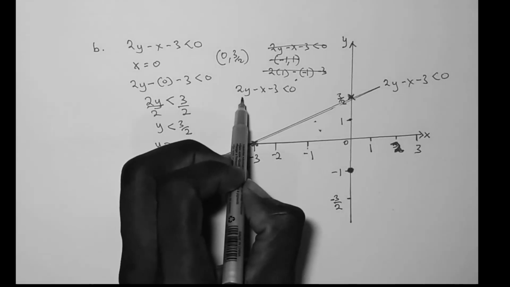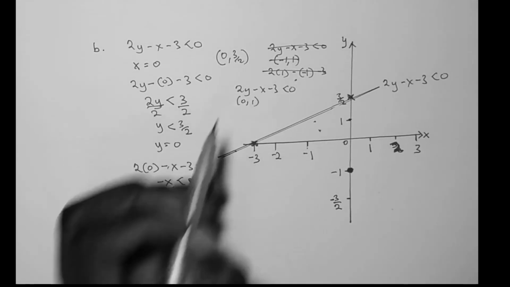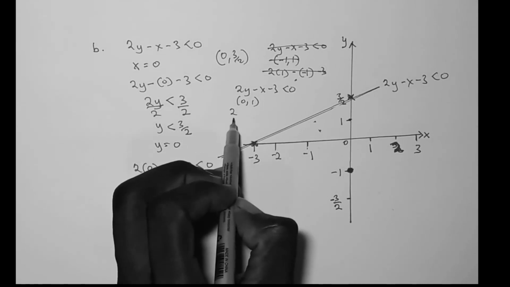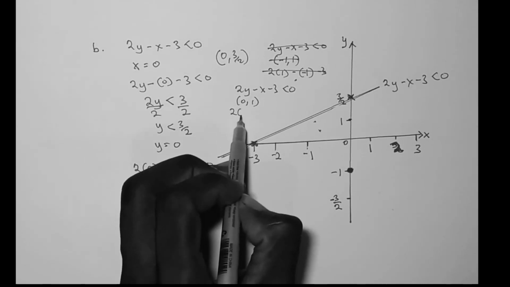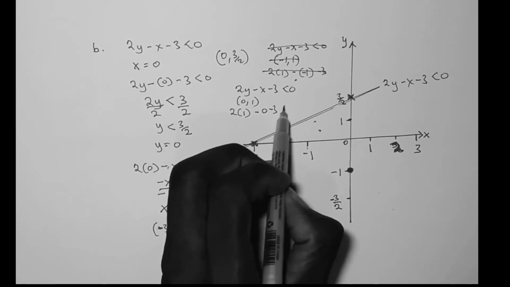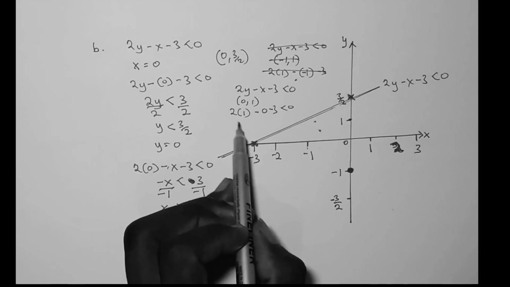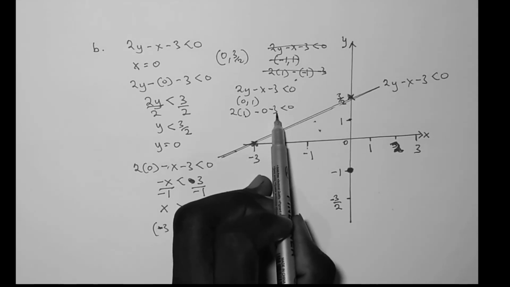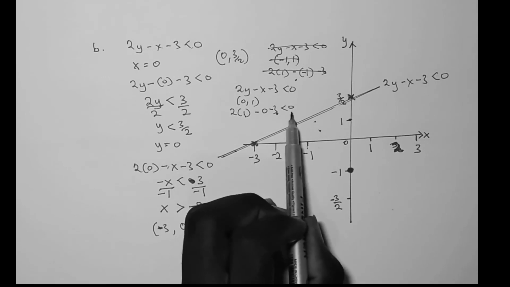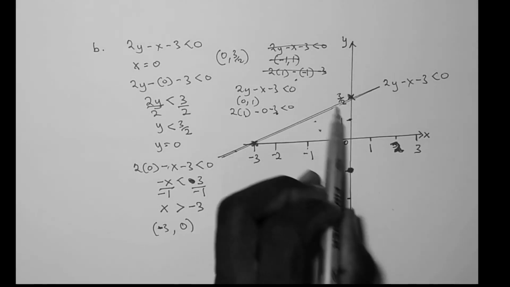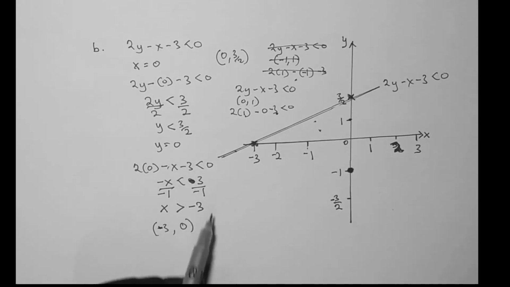We'll get 2 times 1 minus 0 minus 3 is less than 0. 2 times 1 is 2, minus 3 will give us minus 1. So minus 1 is less than 0, and that is true. And therefore that makes this region the feasible region.